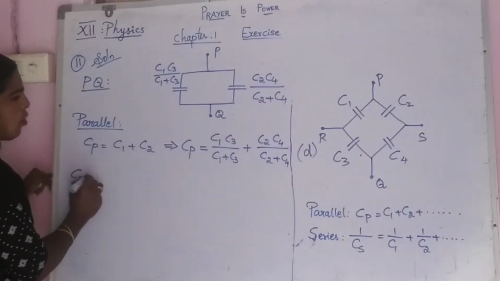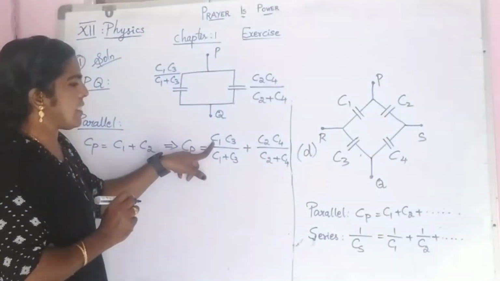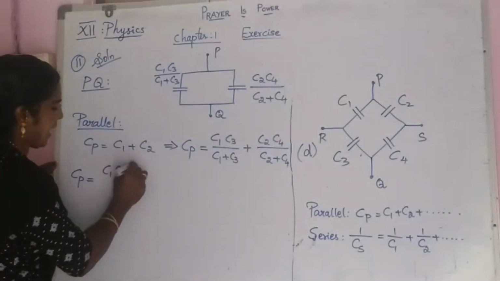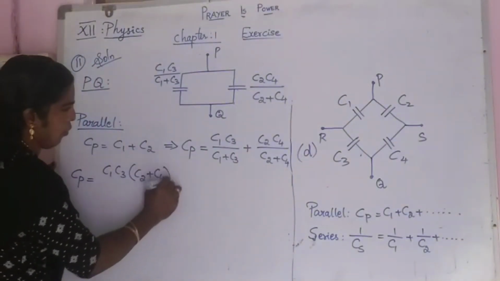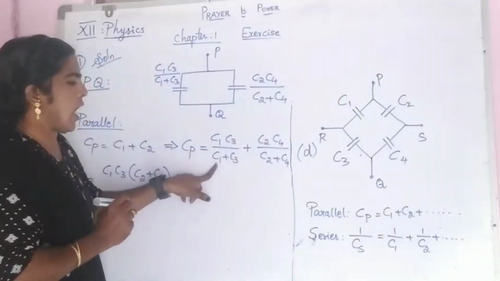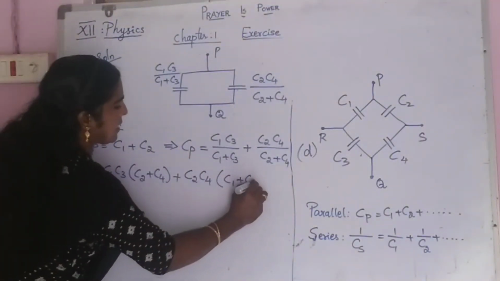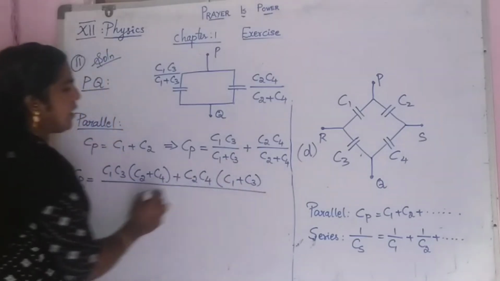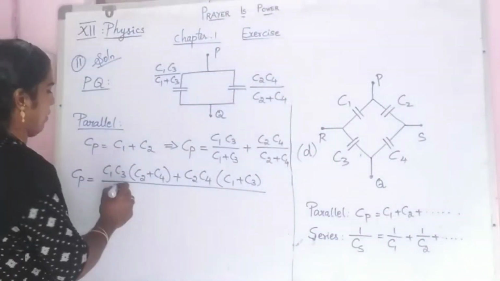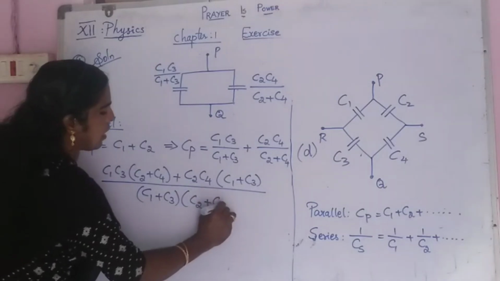Therefore, since the denominators are different, cross multiply: C1 C3 into C2 plus C4, plus C2 C4 into C1 plus C3, divided by C1 plus C3 into C2 plus C4.